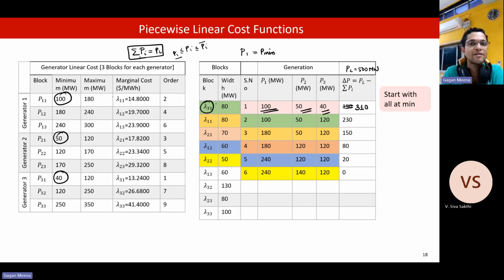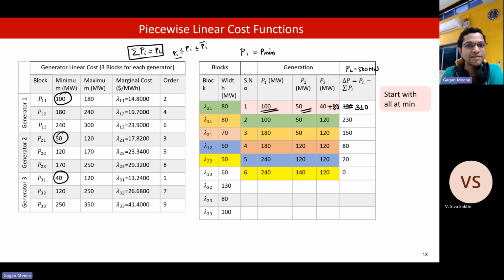This first block, which is cheapest, is for generator 3. Its width is 80, so it can generate 80. We add 80 to this P3, and it becomes 120. Now the sum becomes 270 and the difference becomes 230.